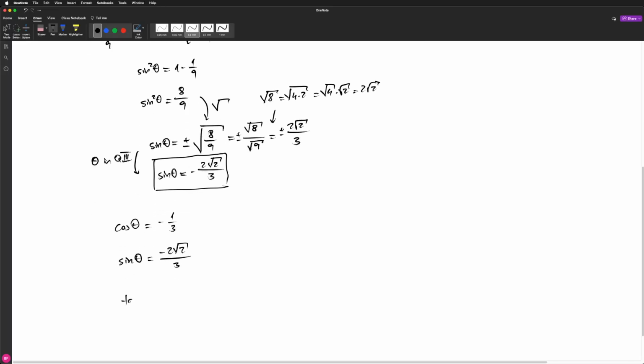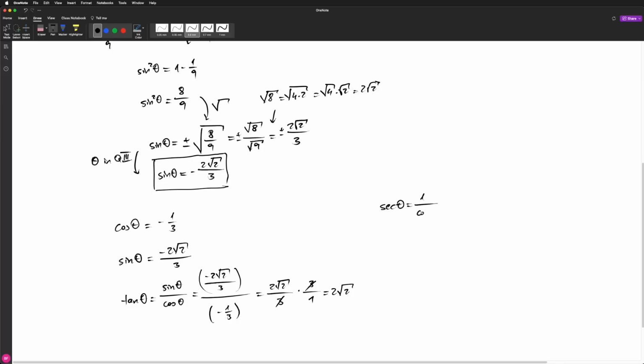For example, tangent theta would be sine theta over cosine theta, and that would be -2√2/3 divided by negative 1 over 3. The minuses cancel out each other, and then dividing by a fraction means multiply with the reciprocal, and these 3's cancel out each other, and you end up with 2 root 2. Secant theta is 1 over cosine theta.